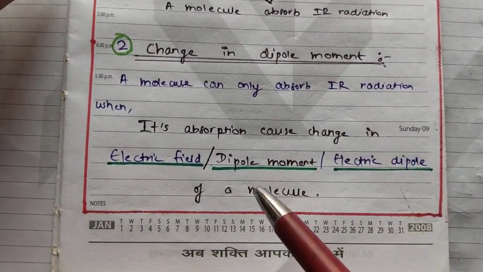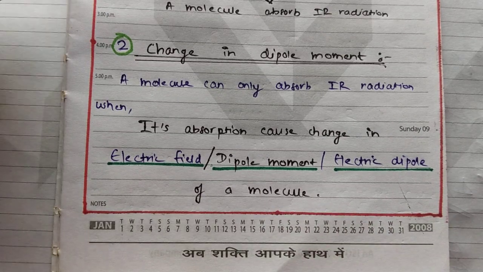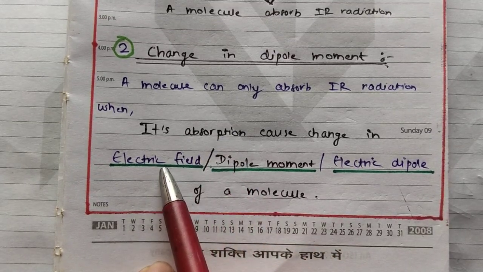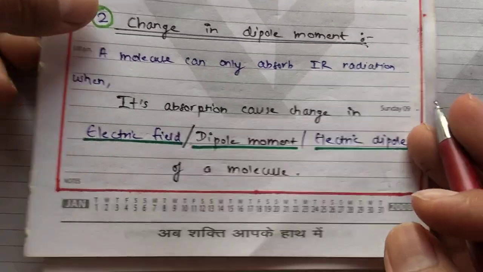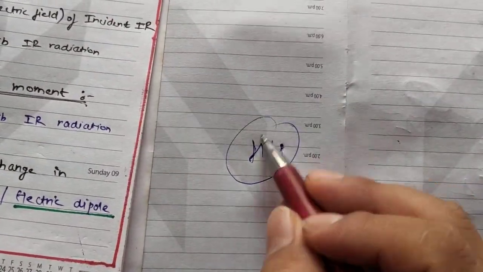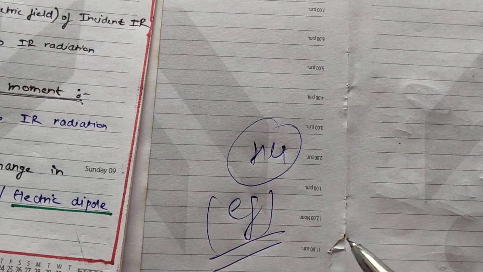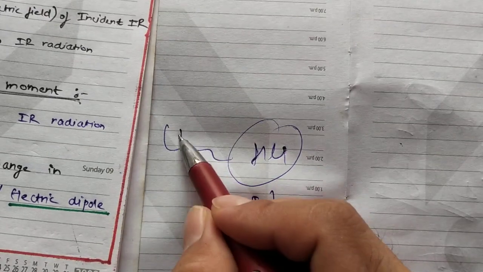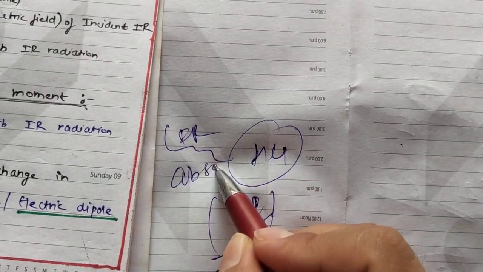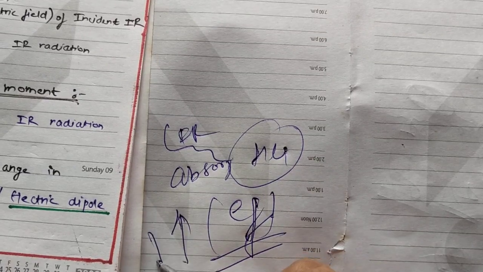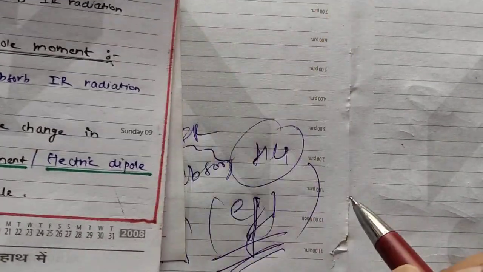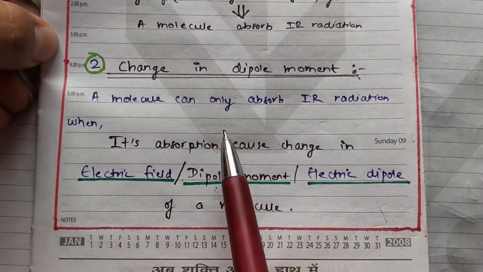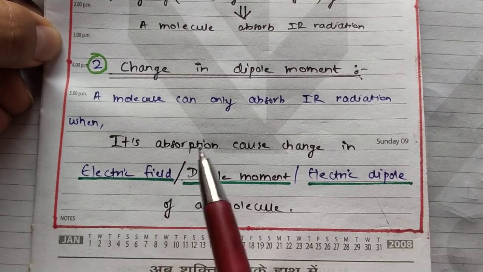After the falling of the IR radiation, if there is a chance of change in the electric field, then only the absorption takes place. As we already said, HCl has its own electric field due to the change in dipole moment from vibration and rotation. If there is no chance of change in the electric field, then the absorption doesn't take place.